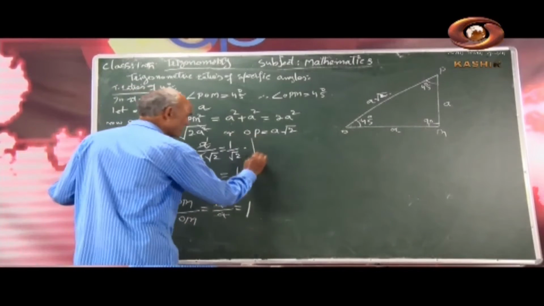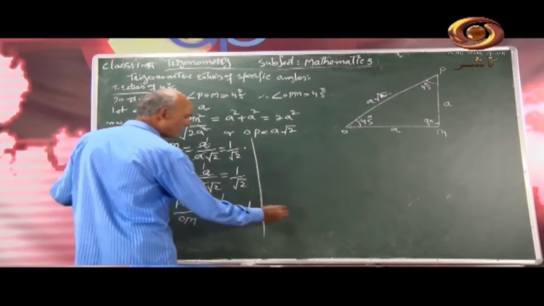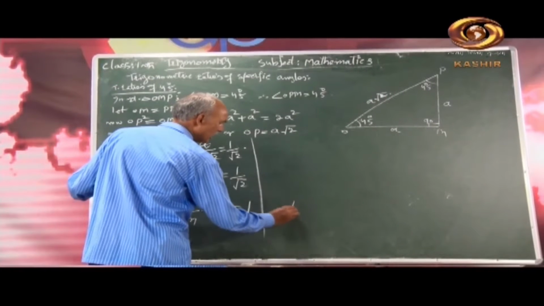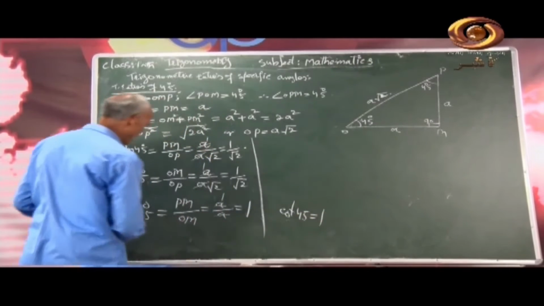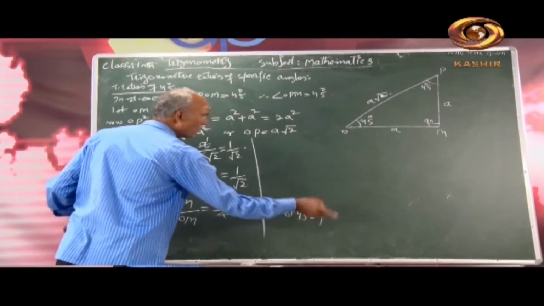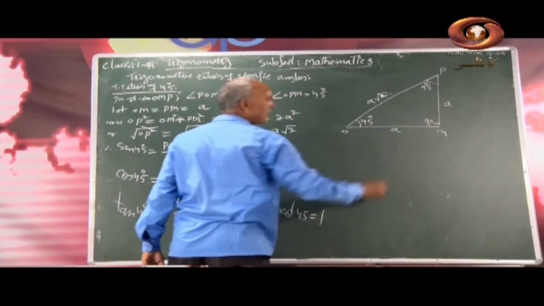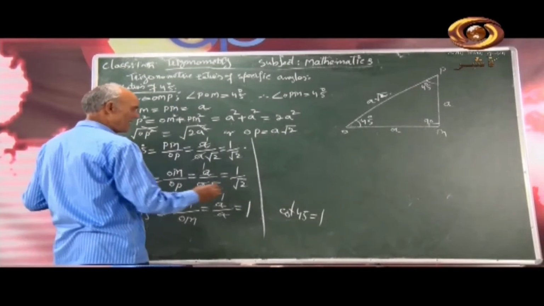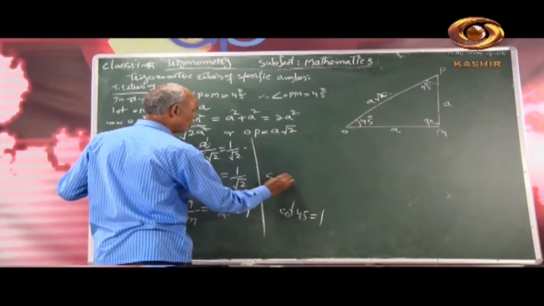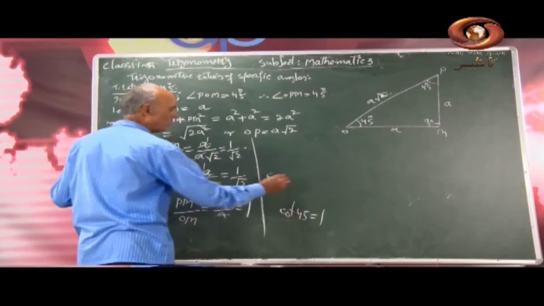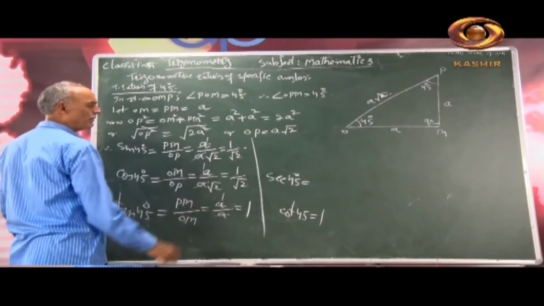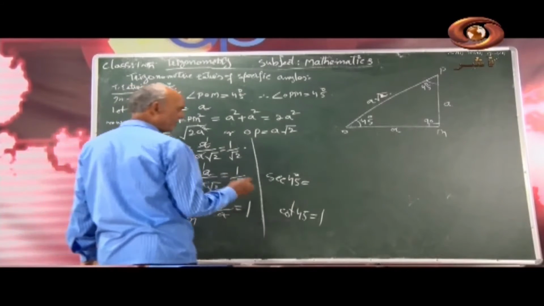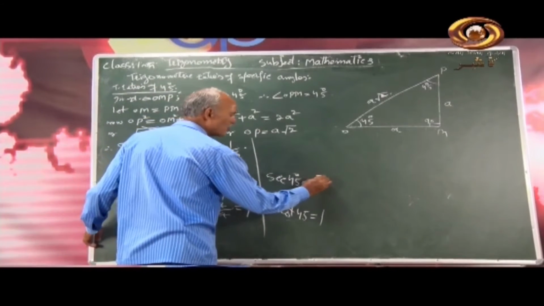Now we will take their reciprocals. The reciprocal of tan is cot. If tan 45 is 1, then cot 45 is 1, because A by A, base by perpendicular. Similarly, the reciprocal of cos 45 is sec 45. The value of cos 45 is 1 by root 2, taking its reciprocal, which is under root 2 by 1.